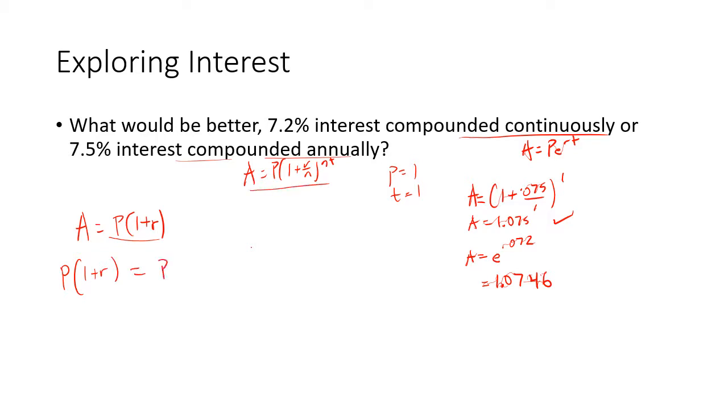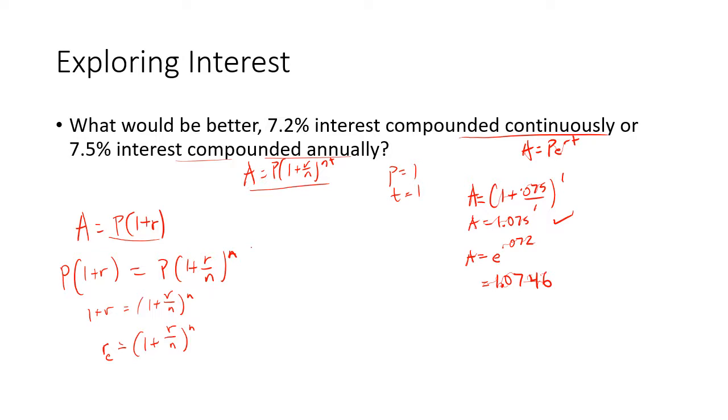So I get P(1 + r) equals P(1 + r/n)^n. Divide both sides by P, we get 1 plus r equals (1 + r/n)^n. And then subtract 1 from both sides, we get r equals (1 + r/n)^n minus 1. That r is like r sub e, for r effective.